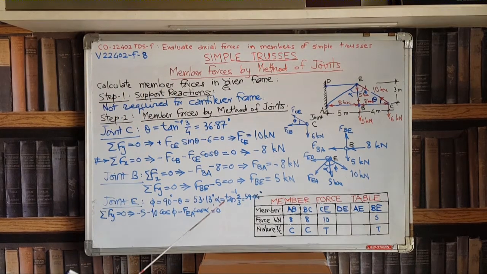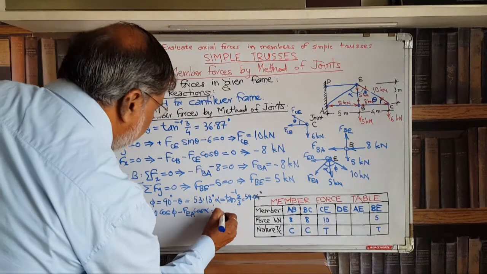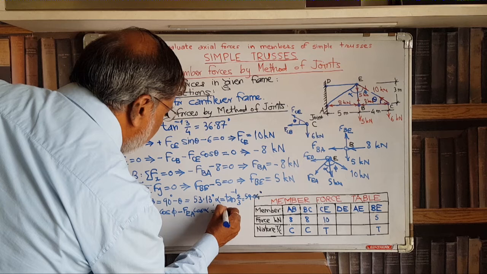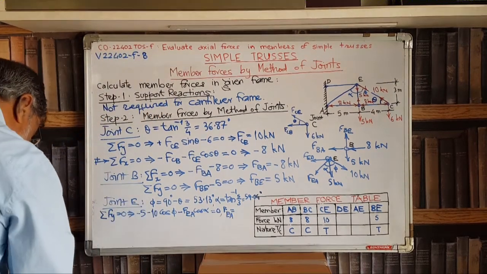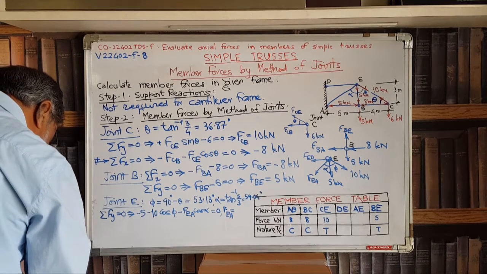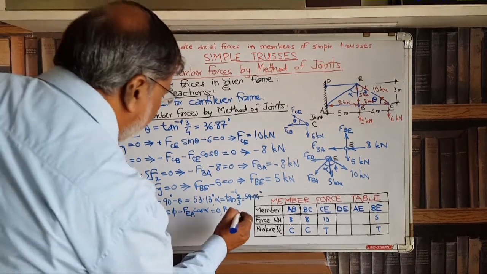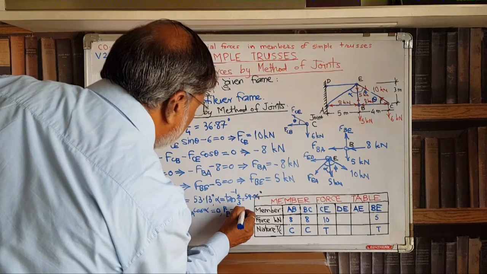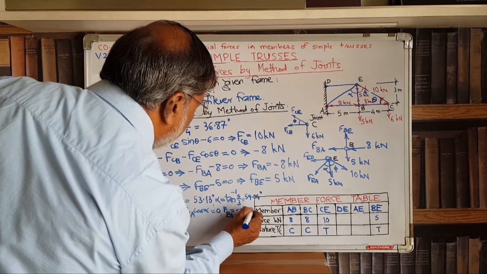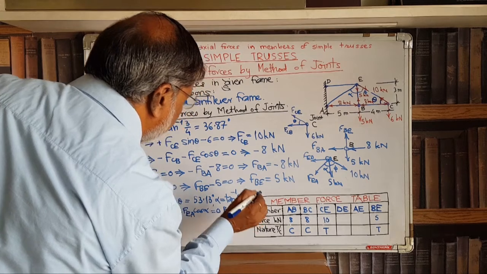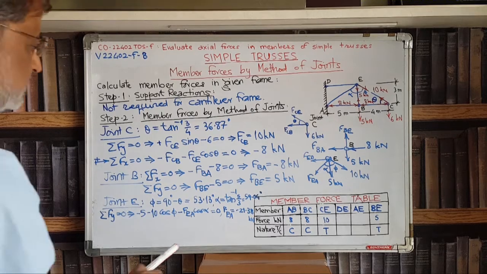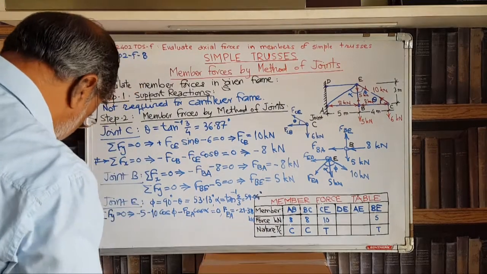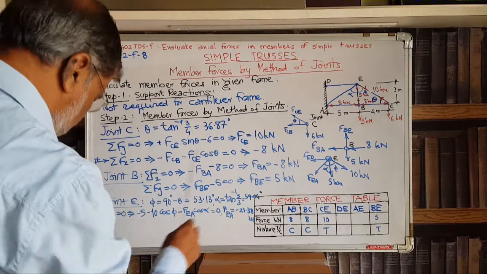Now in this equation we get only one unknown, FEA. So this will give us FEA equal to, if we calculate this, minus 21.38 kilonewton. So we know that the minus sign indicates that the direction of FEA, which is assumed to be away from the joint, is wrong.